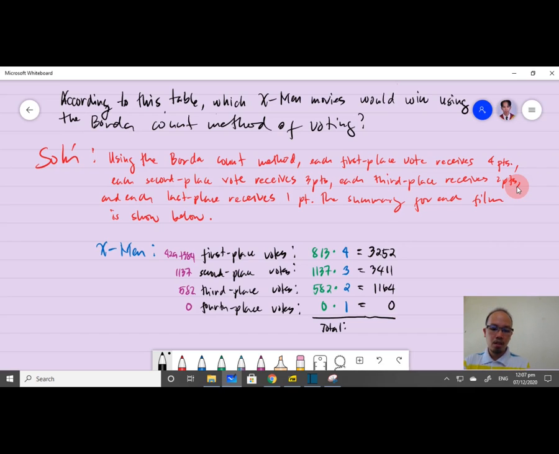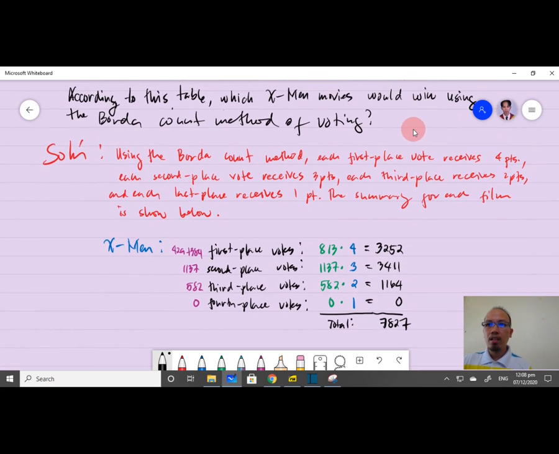So add them all, plus 3,411 plus 3,252. The answer is 7,827 points. So this is for the X-Men.